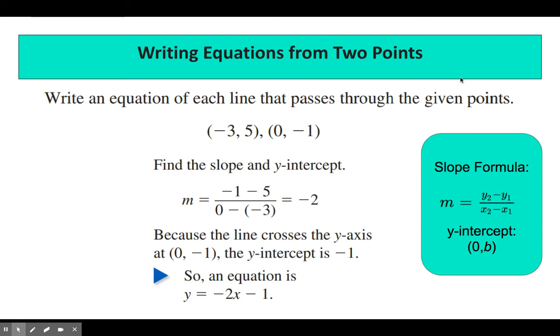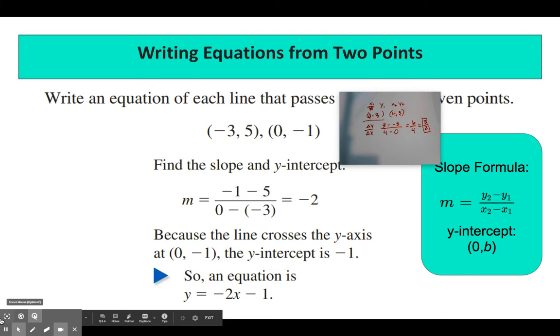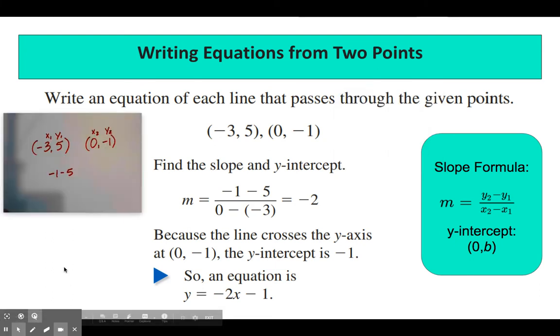So this is like our y1 and our y2. So we know the slope formula is the change in y, right, over the change in x.